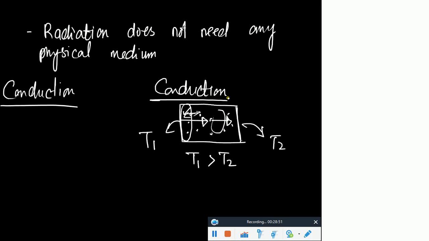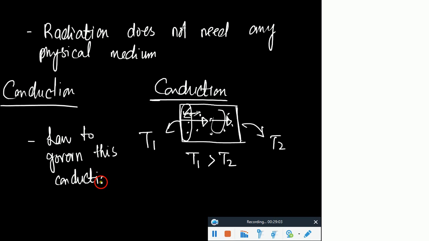And how do you mathematically define it, or what is the law that governs this conduction? This is known as Fourier's law.